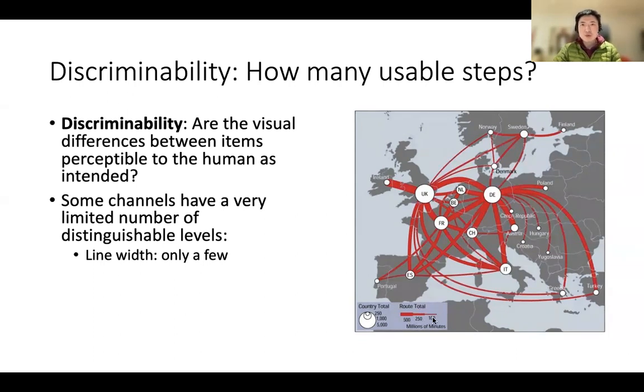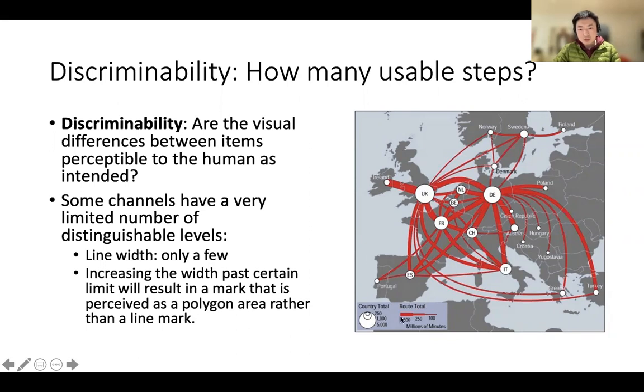So this is an example where you can't really use that many different levels. For example, 500 and 250 is already quite close. If you want to have anything in between 500 and 250, you might not be able to tell the difference, especially when the two lines are not next to each other.